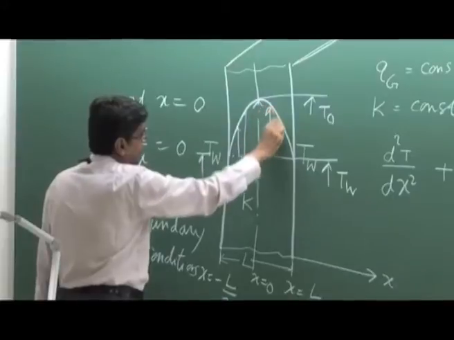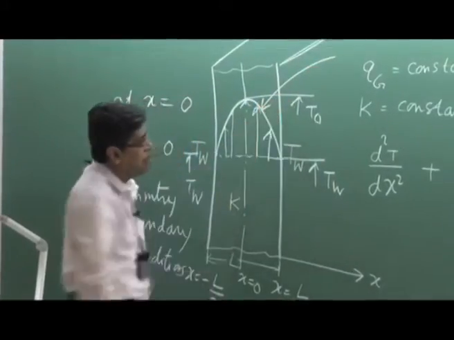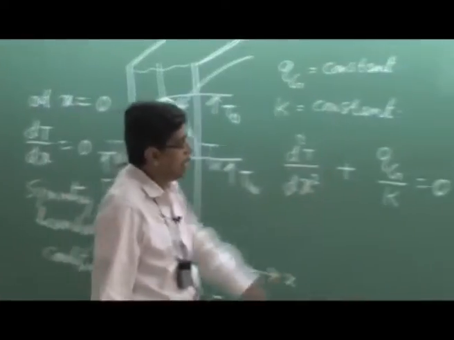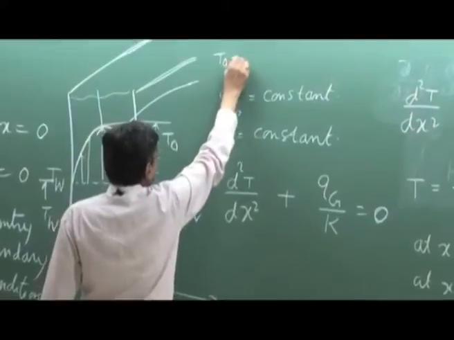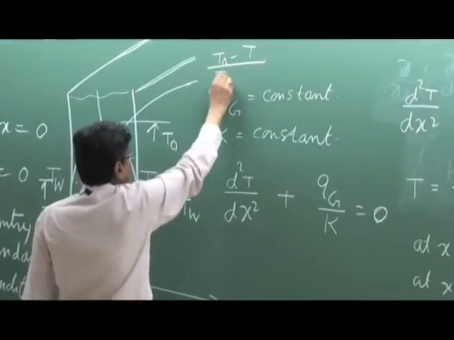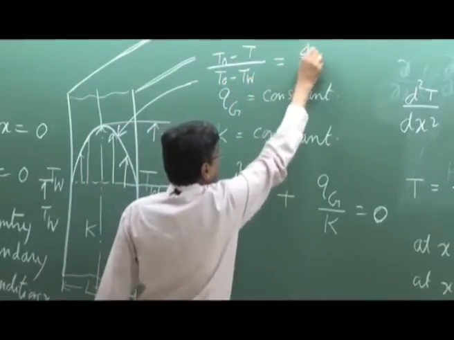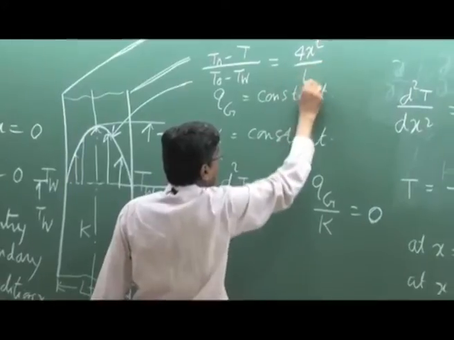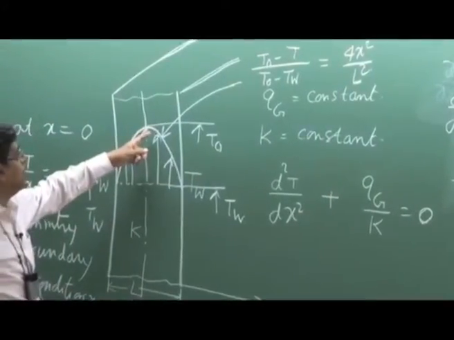That means the equation of this is T0 minus T divided by T0 minus TW is equal to 4x square by L square. That means at x equal to 0, it will assume a value of T0.